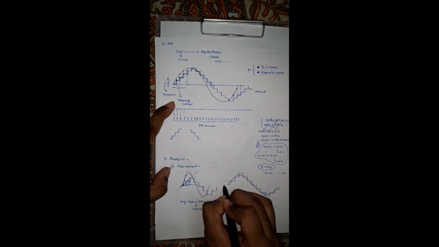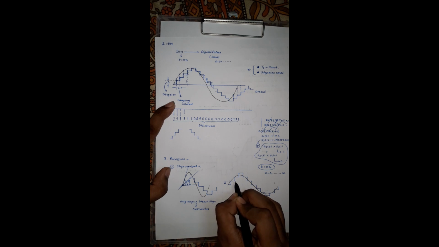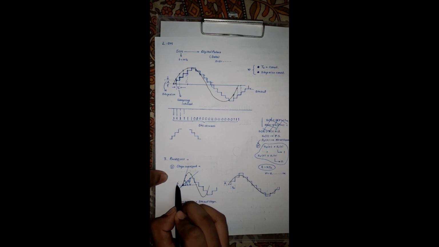That means the step size delta is fixed, and the sampling time interval TS is also fixed. So for a low frequency signal, or a signal that has less initial slope, that means the signal is not varying too much with respect to time, the DM output waveform produced over here is much closer to the original signal.